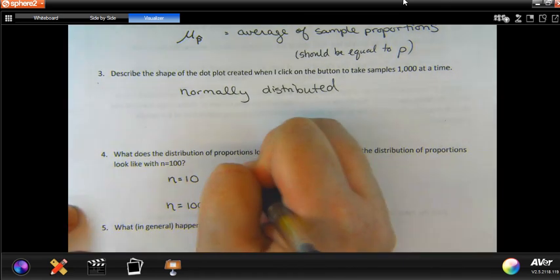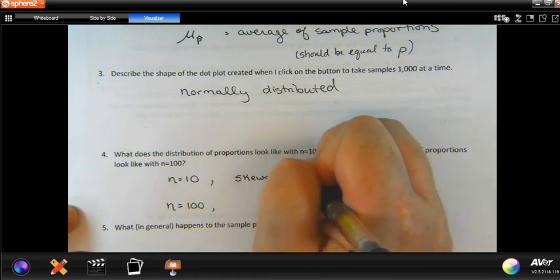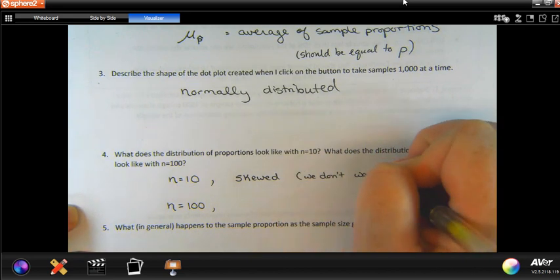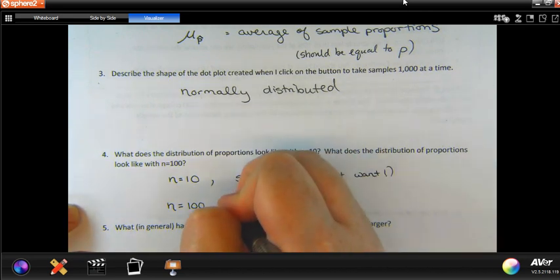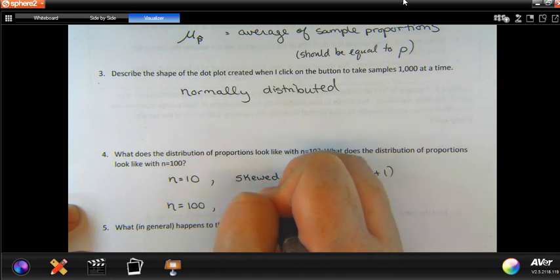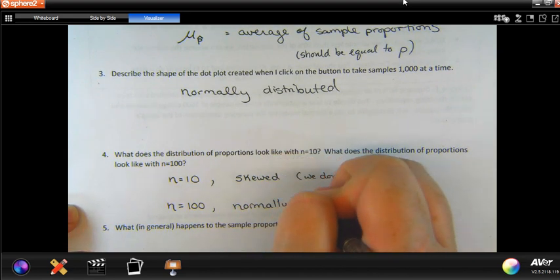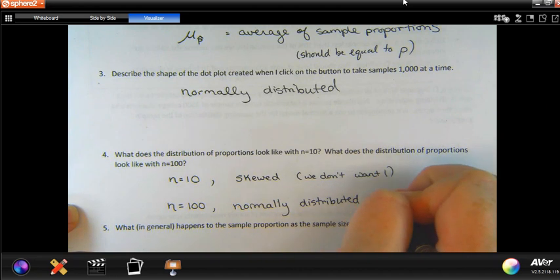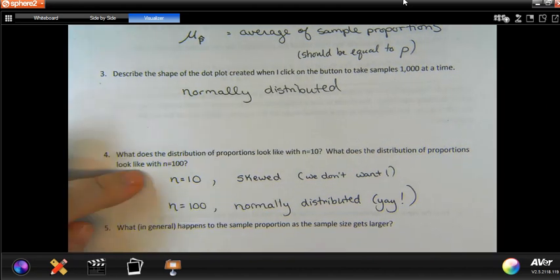This was skewed, which again, we don't want skewed data because we can't calculate the probabilities with that. But with a large sample size, that was normally distributed, which is exactly what we want. On the next page, we'll talk about what the actual sample size condition is to make sure that it's going to be normally distributed.